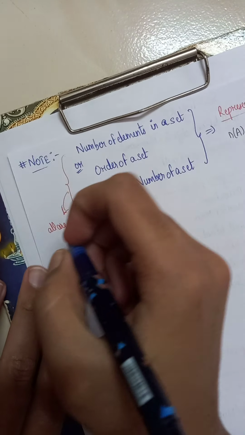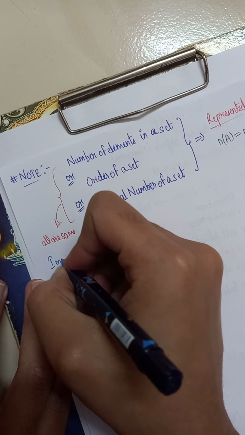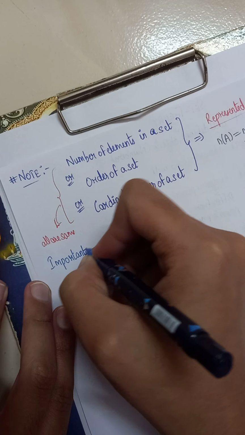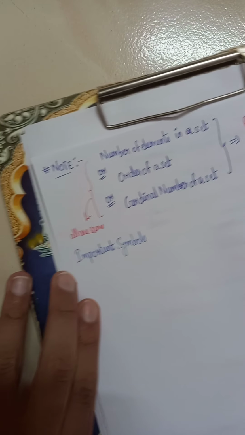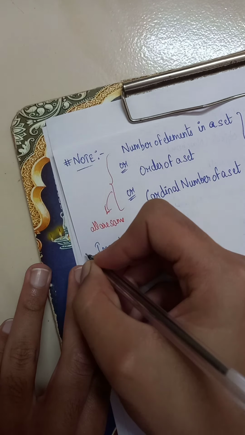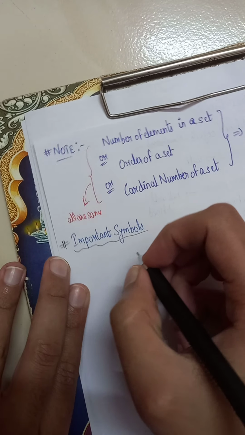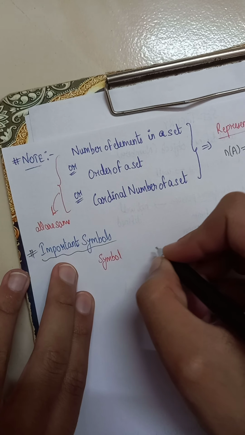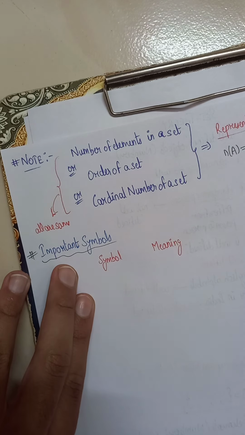What are the important symbols which you are going to use? I will write a table: here I will write the symbol, and here I'll write its meaning.